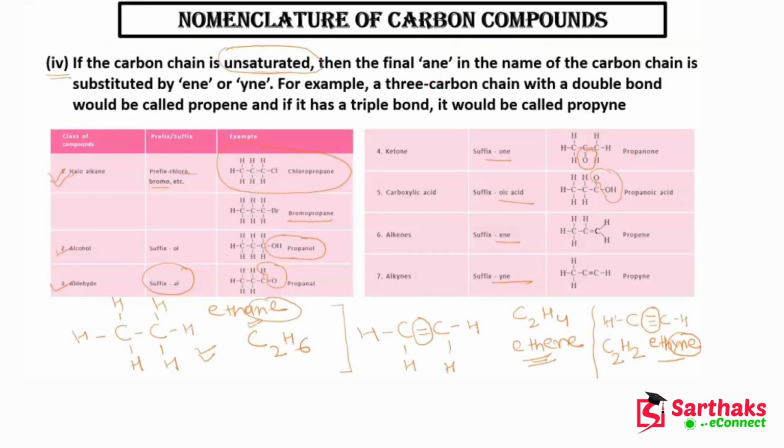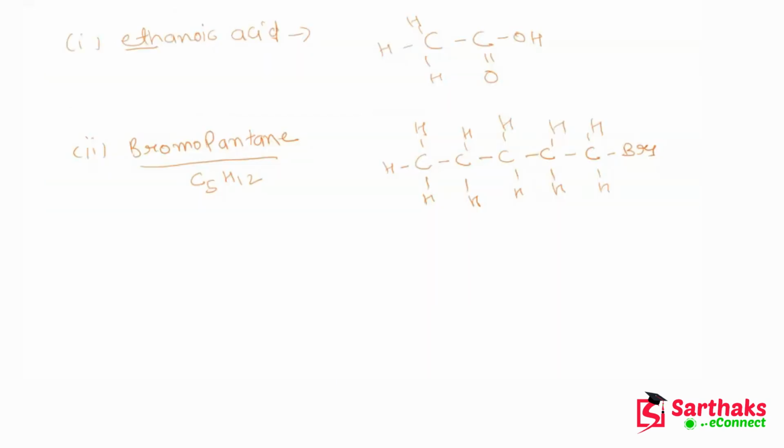As you can see here, for haloalkanes we use a prefix. I'm really sorry, I was talking about the prefix. So we use the prefix bromo for this, so this will become bromopentane. I hope it's clear to you. Okay. So now guys, this is the structure of bromopentane.